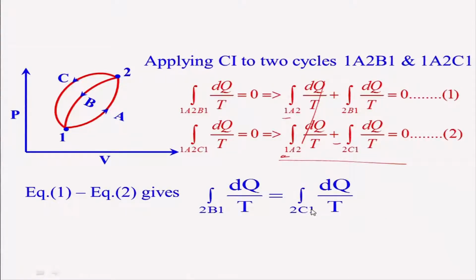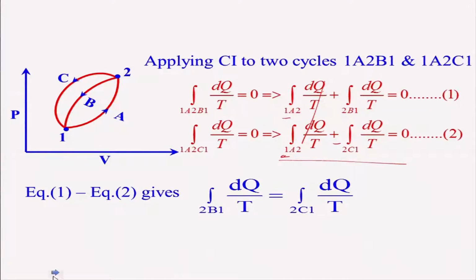What it indicates is that dq by T is independent of the path, because, as we have just seen, for the two different paths, 2 B 1 and 2 C 1, dq by T is the same, right.